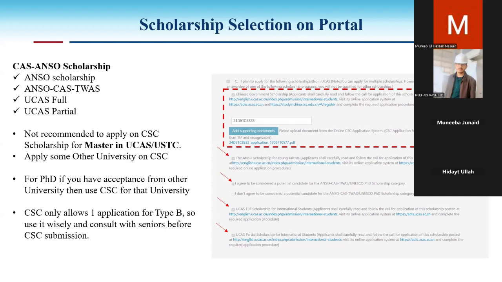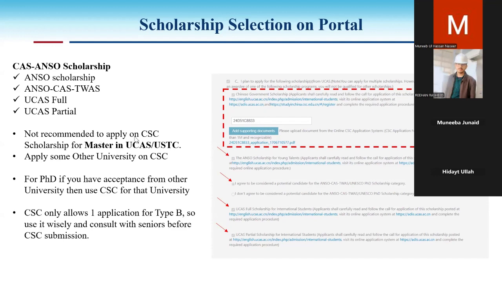When you finish and submit that form, you get a reference number, and you have to add it over here in your UCAS or USTC application. And if you have your online CSC application form that you downloaded at the end of your application, you can upload it here as well. So these are all the scholarships you can apply for, including the ANSO scholarship.